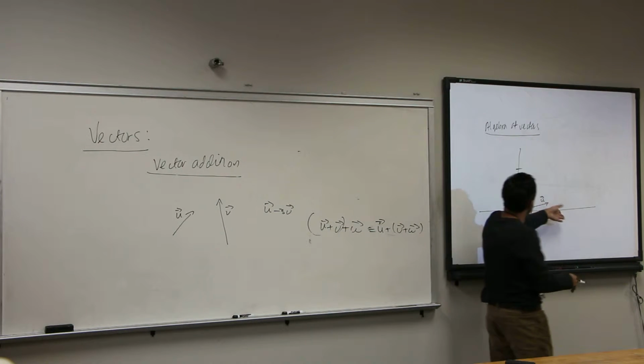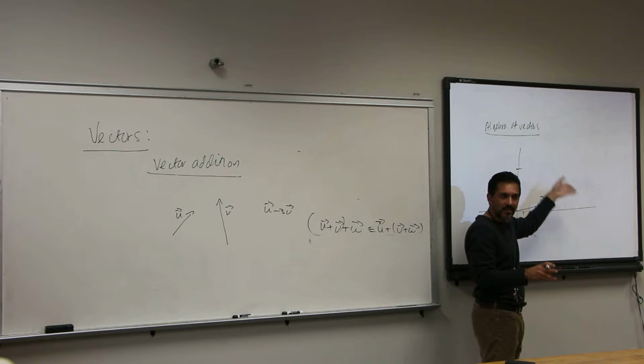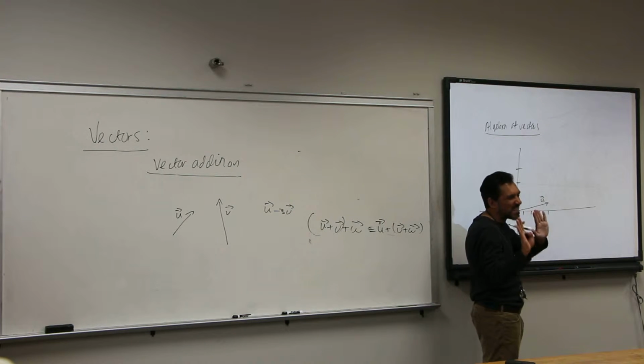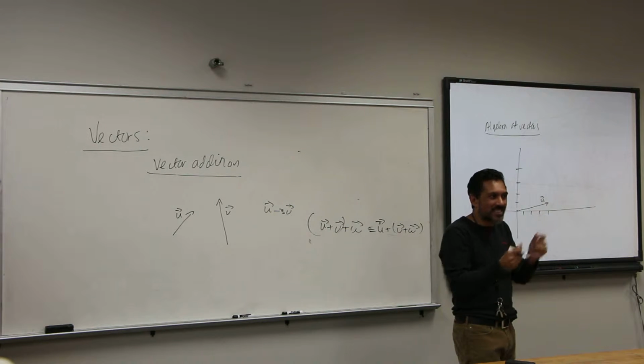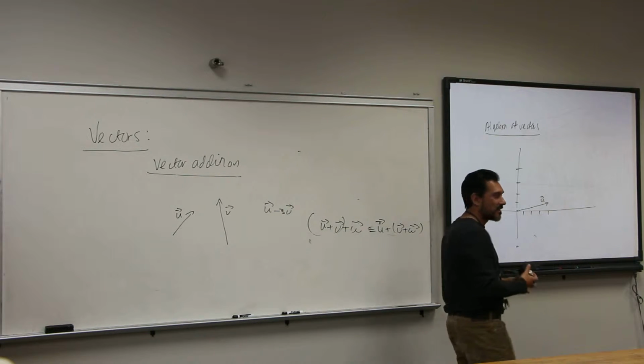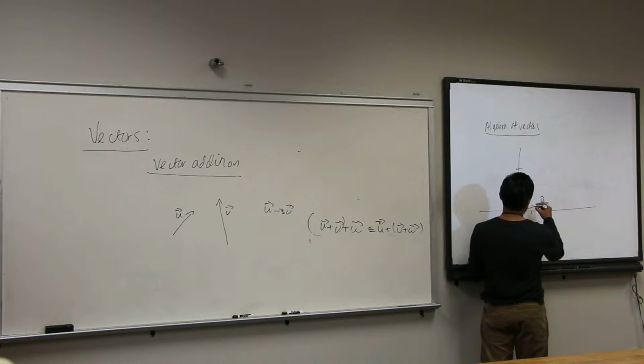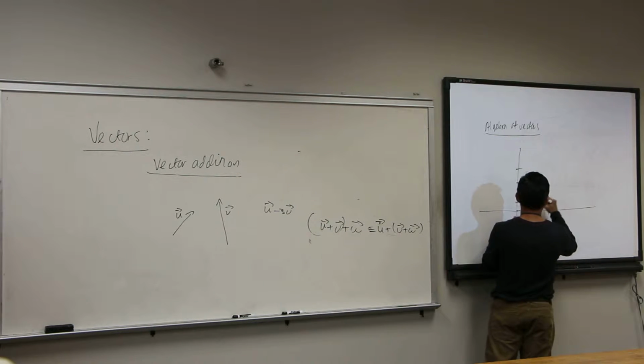The physicist, what are you doing here putting this grid here? I know what I'm doing. It's for my own friend, because I don't know this. And then they will say, well, how about this vector here?